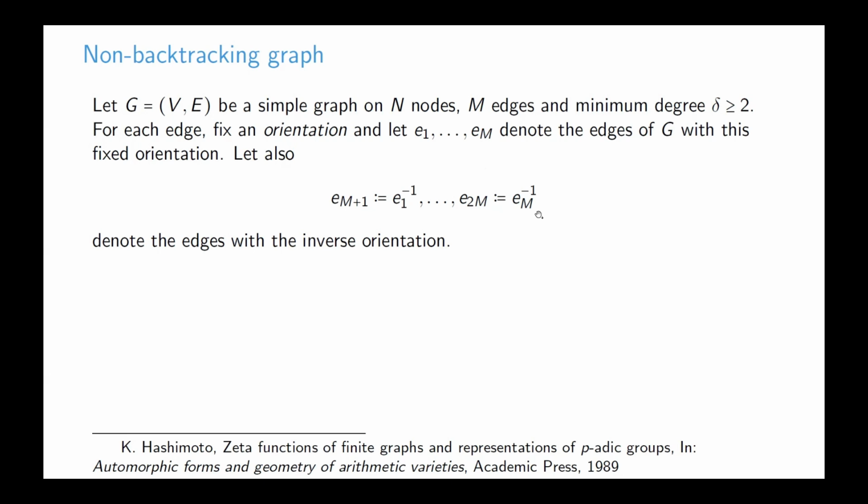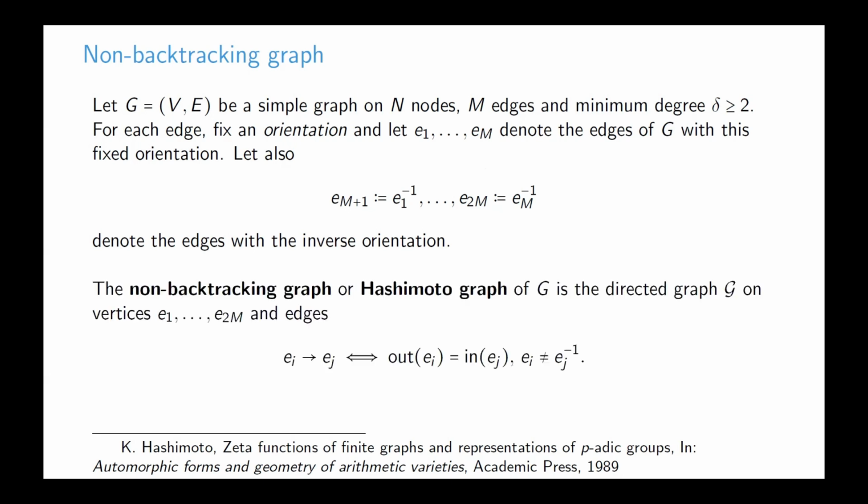Okay, so we take our simple graph and then we consider the 2m oriented edges and we order them in this way. Okay, and now we define the non-backtracking graph, which is also called the Hashimoto graph because it was introduced by Hashimoto in 1989, by the way, in a very different context, so not in the context of spectral theory.